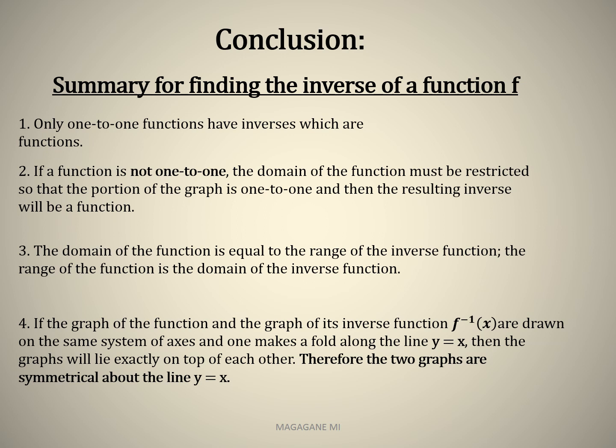So if the graph of the function and the graph of its inverse are drawn on the same set of axes, and one makes a fold along the line y equals x, then the graphs will lie exactly on top of each other because the line y equals x is a line of symmetry.